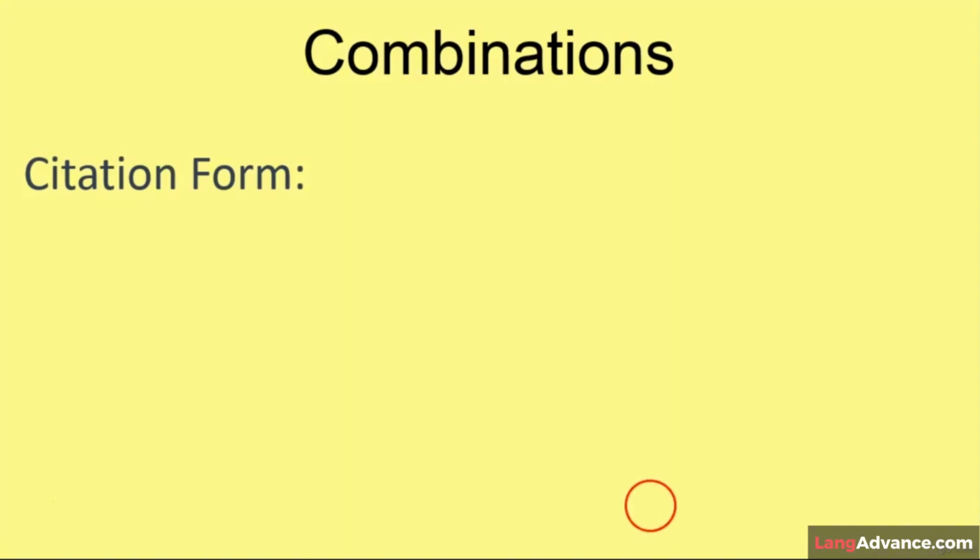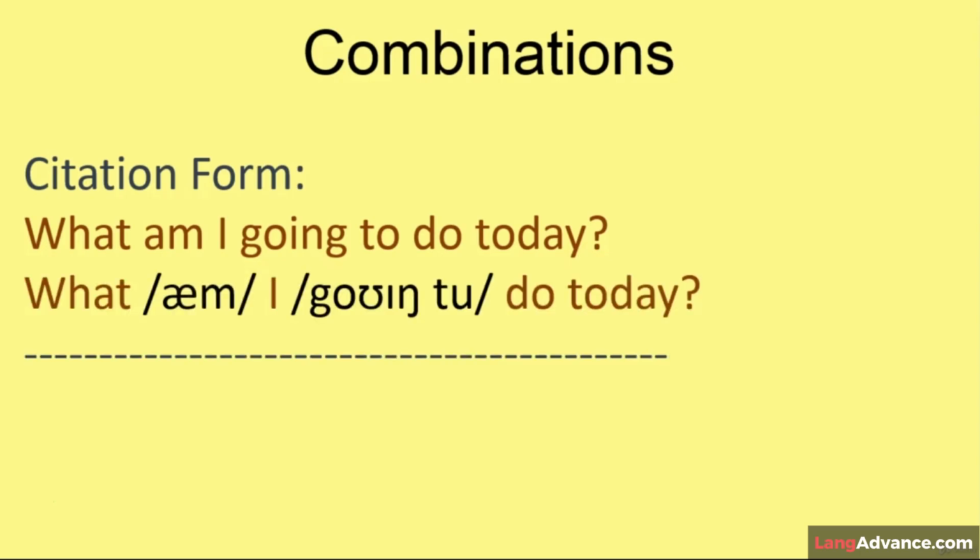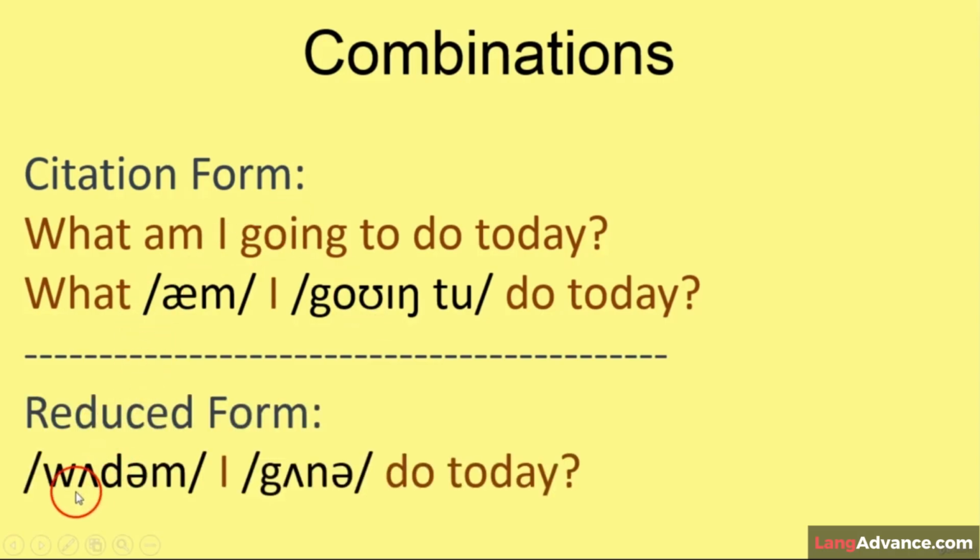For example, in this sentence, what am I going to do today? There are two sets of words, am and going to, and these are often combined and reduced in the same sentence. So instead of saying, what am I going to do today, we might say, what'm I gonna do today?